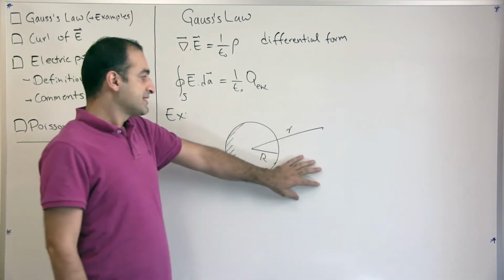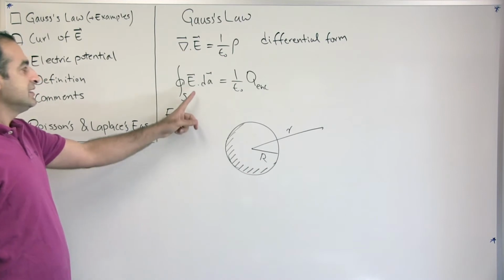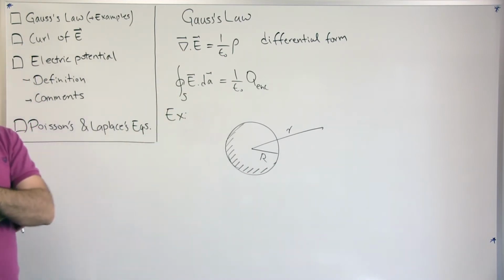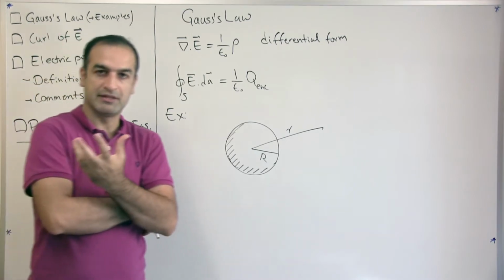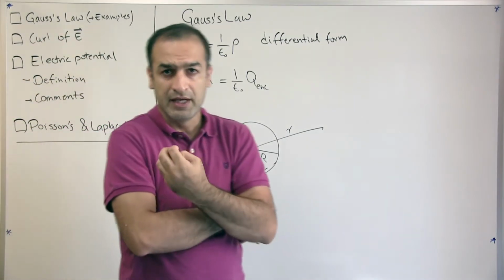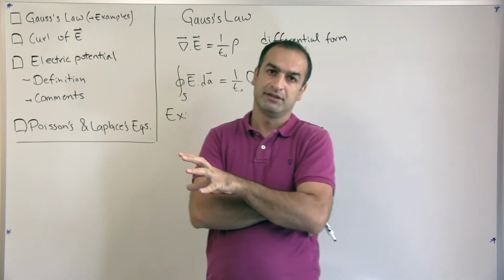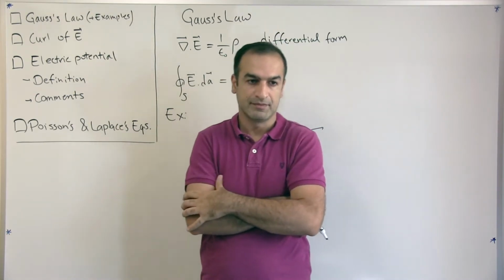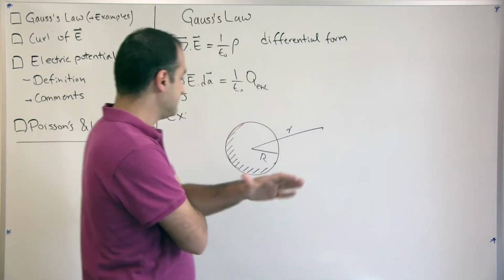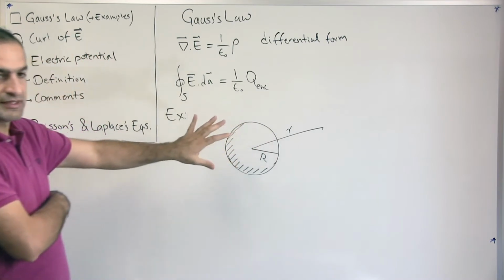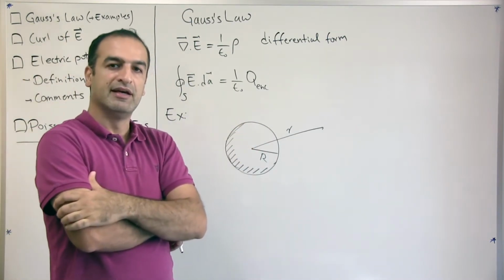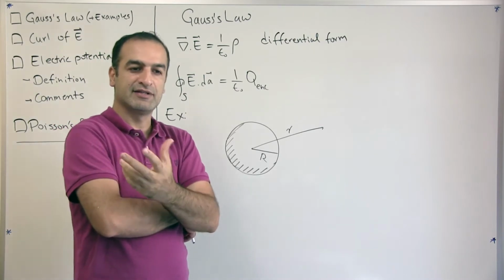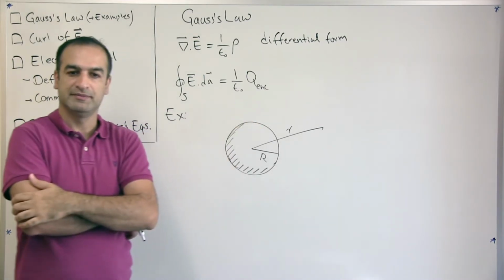For these types of examples, it's easy to use the integral form. And the reason is that you have a certain idea about the direction of the electric field only from the symmetry of the problem. Okay, so here, because of the spherical symmetry, we know what the direction of the electric field should be. Can you guys help me guess what the direction should be?